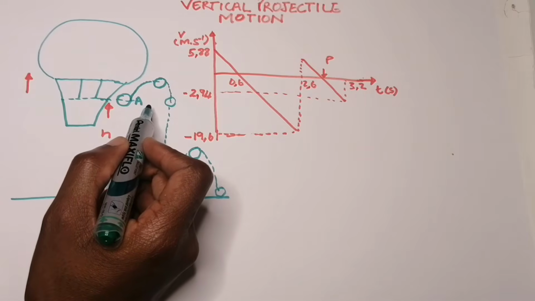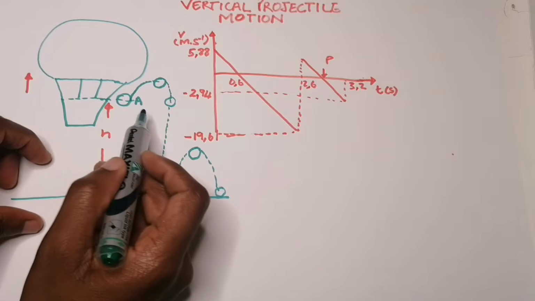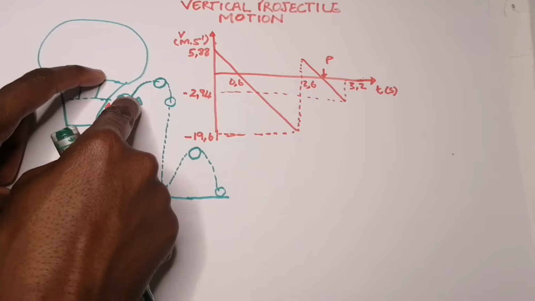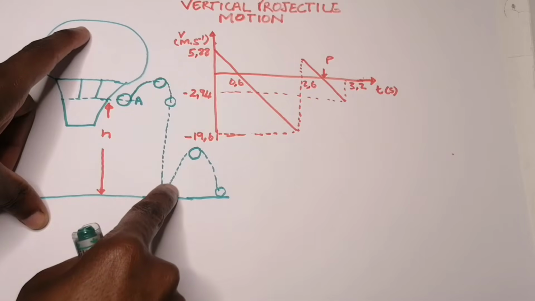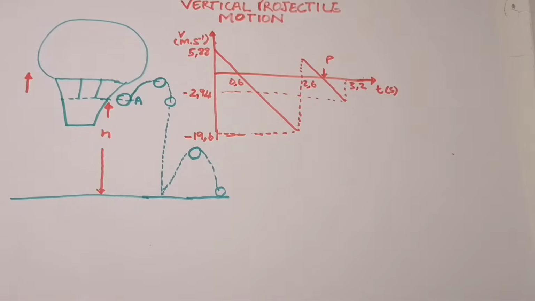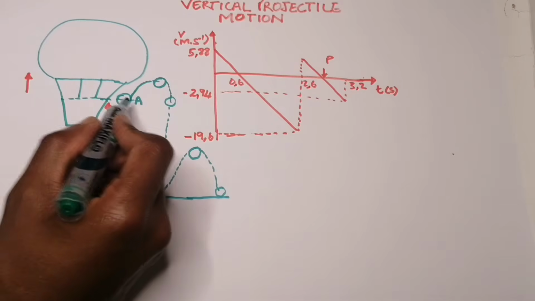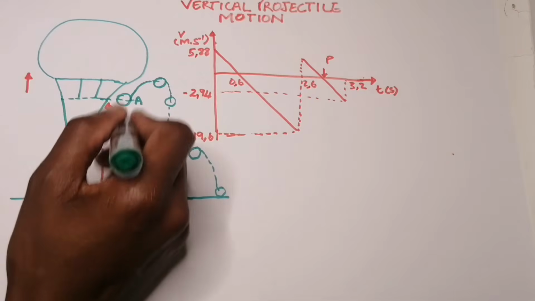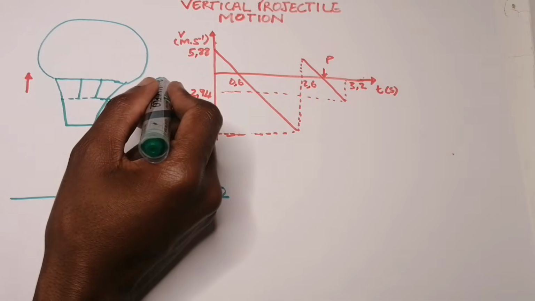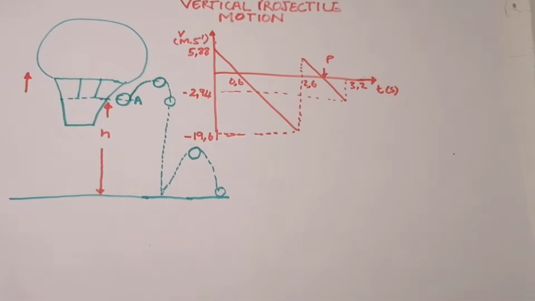Hopefully some of you who are into graphics will do that for us someday, just to show that as the balloon goes up, the ball will initially go upwards, reach that maximum height, so it will not immediately go down. It would first of all go up, reach that maximum height, and come back down.